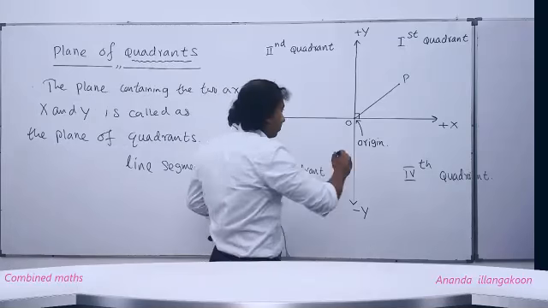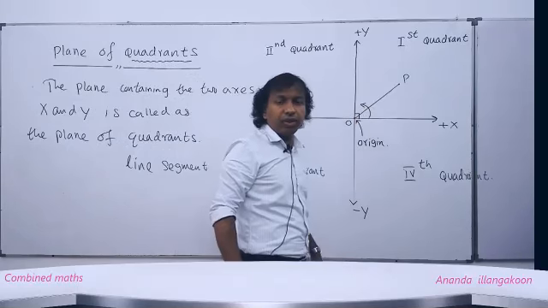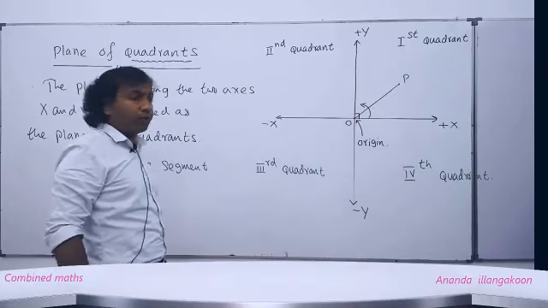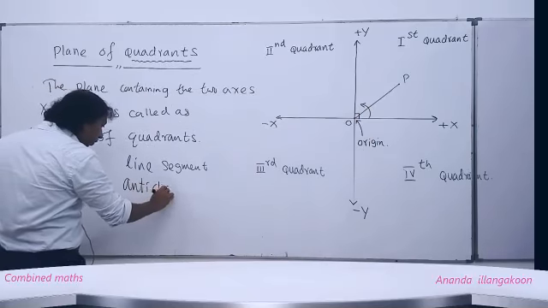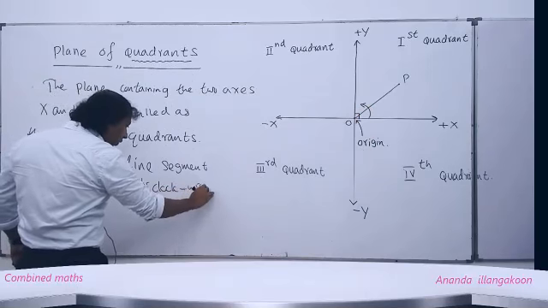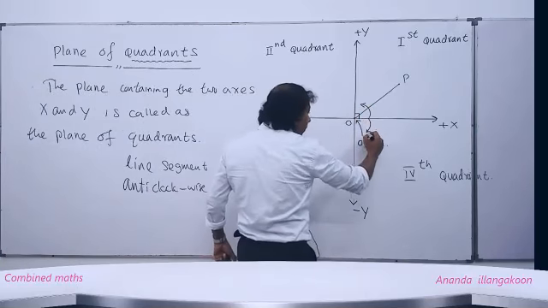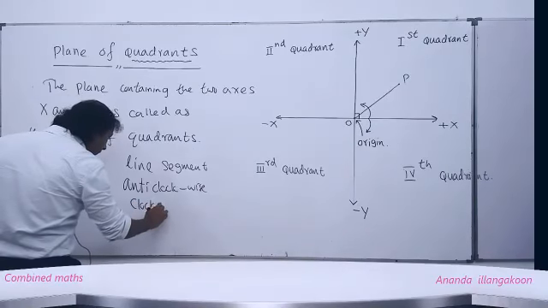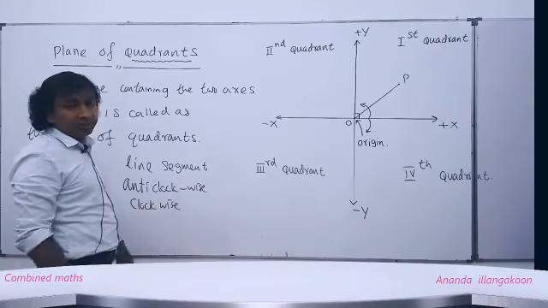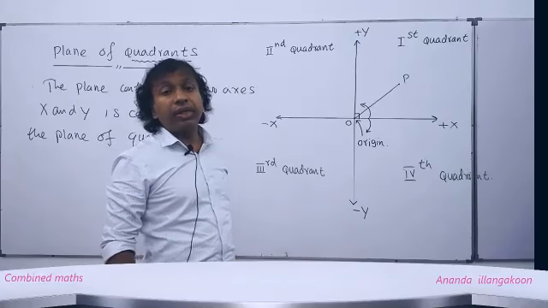This direction, we call as, people, what? Anti-clockwise. And this direction? Clockwise. To both directions, people, this OP line segment can rotate about the point O.